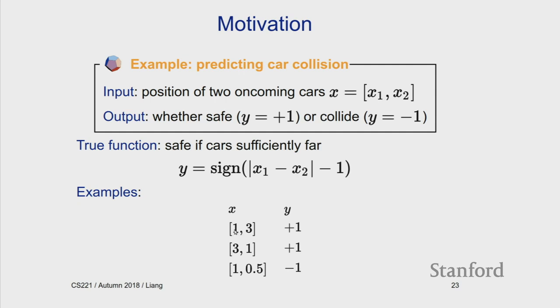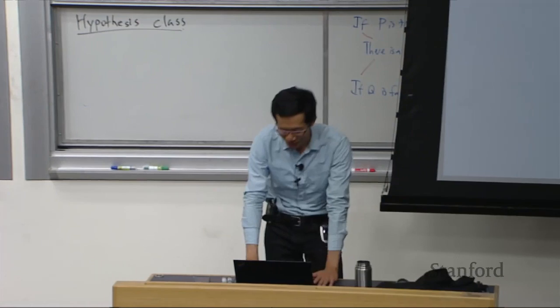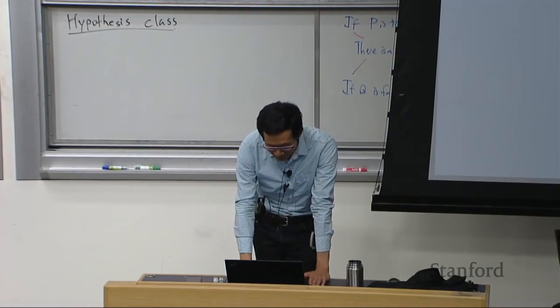So if x1 is 1 and x2 is 3, that's like driving in the UK, and that's fine. If x1 is 3 and x2 is 1, that means you're driving in the US, and that's fine. And this is where you're driving in probably some place that doesn't have good traffic laws, and that's bad. Although they somehow manage to avoid collisions sometimes.